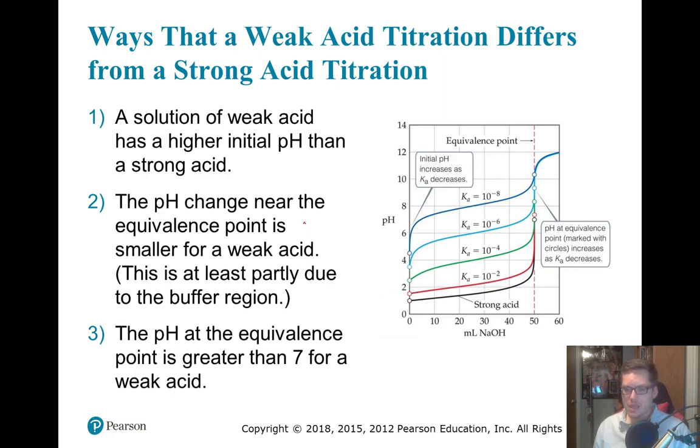The pH change near the equivalence point is always smaller for the weak acid, and that's because of the buffer region, which slows down the pH change. Look how sharp the change is at the equivalence point here; for these, the change is a lot smaller. And the pH at the equivalence point is always greater than 7 when you have a weak acid, and less than 7 when you have a weak base.